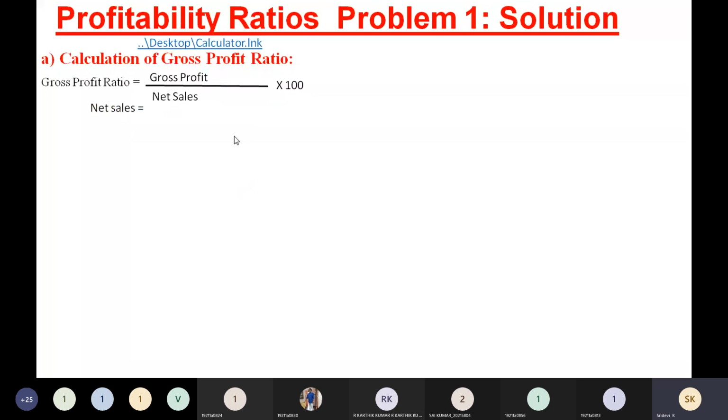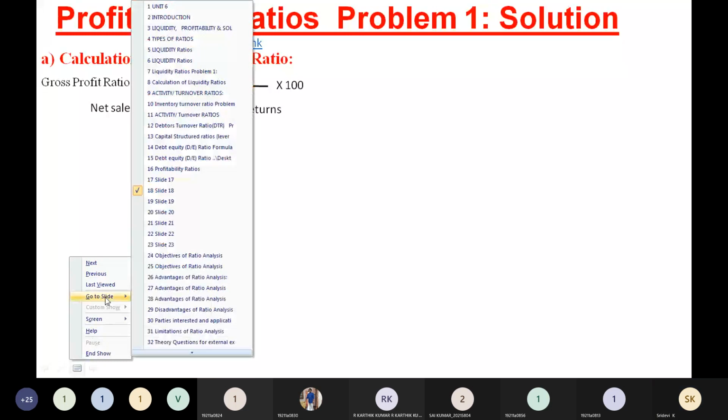So net sales can be calculated by using this formula: sales minus sales returns. Total sales will be given and the sales returns value will be given. You deduct it from the sales, and that will give you net sales. Let us see here in the previous slide. You can see both the information was given here.